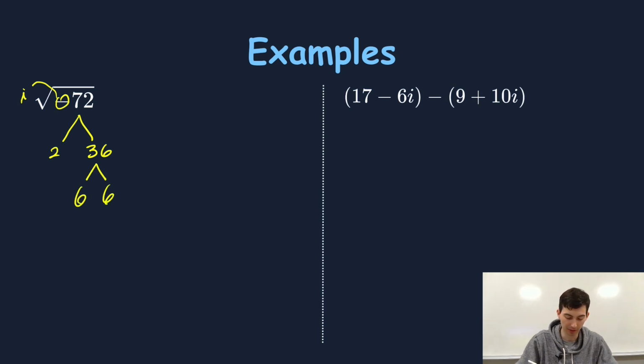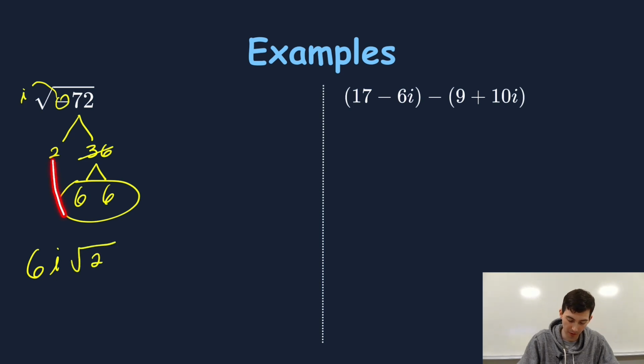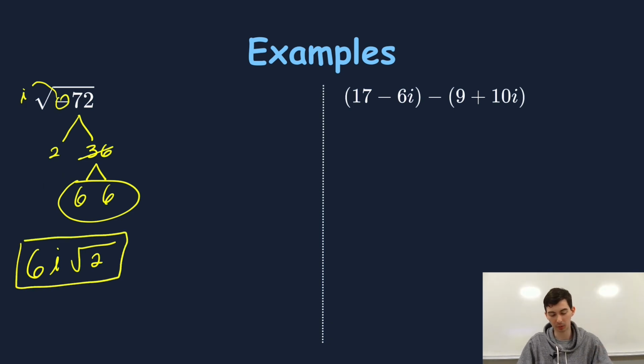It's 6 times 6. So I've got a pair of numbers here. So I'm going to pull that outside of my square root. And I'm going to bring down the i that we wrote at the beginning. And now the only thing left inside my radical would be this 2. So I take this 2 and bring it on the inside. So the square root of negative 72 can be simplified to 6i square root of 2.